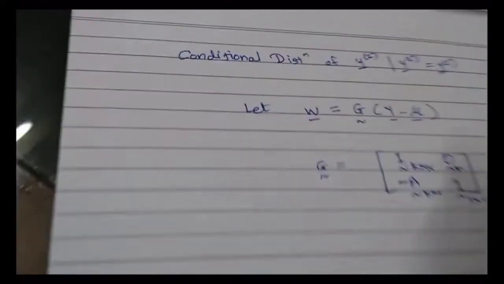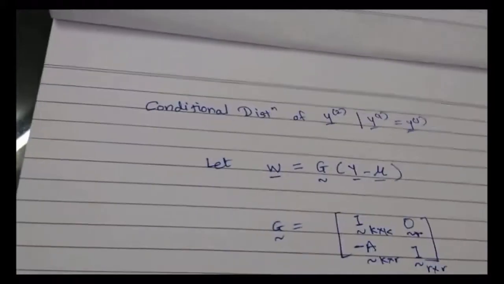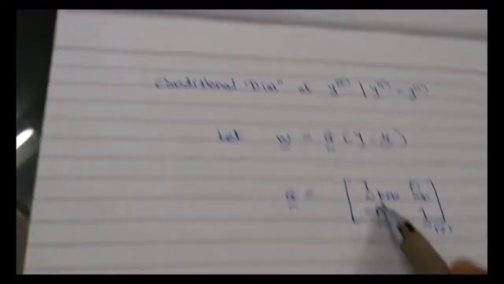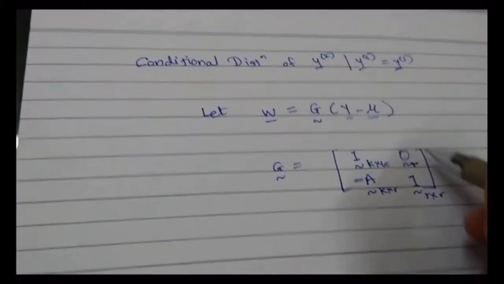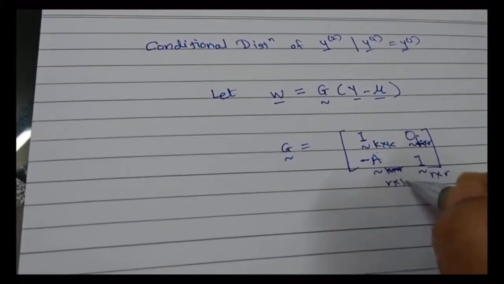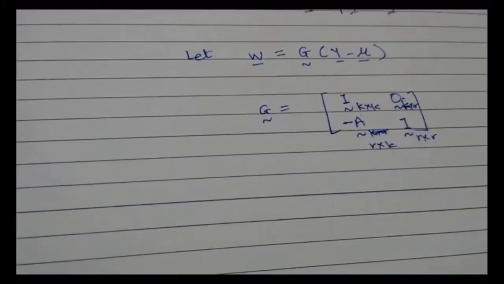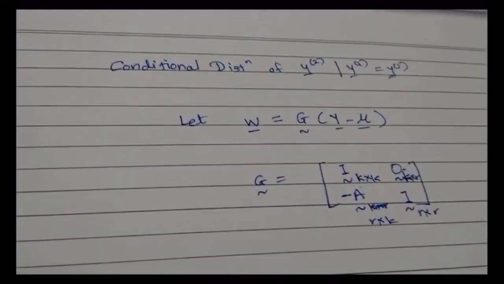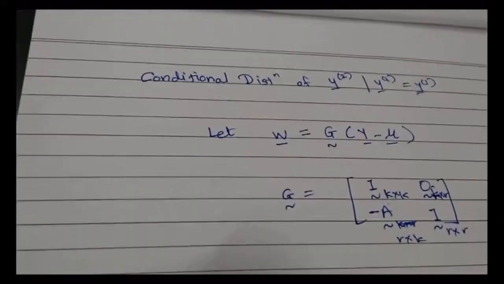No, there is some problem. Wait. If my I is going to be K cross K, then my R columns are left. So this is K cross R, this is R cross K, this is R cross R. Okay. So if I use this G, then what is W?